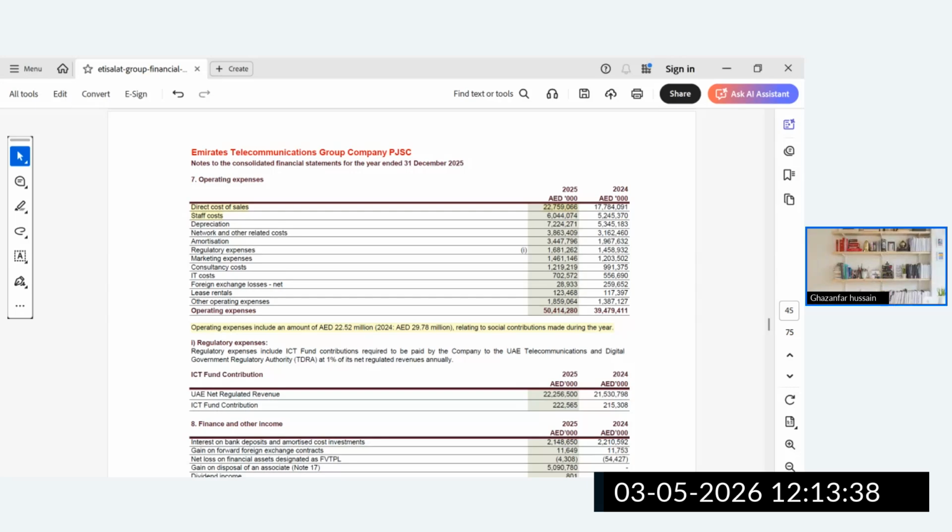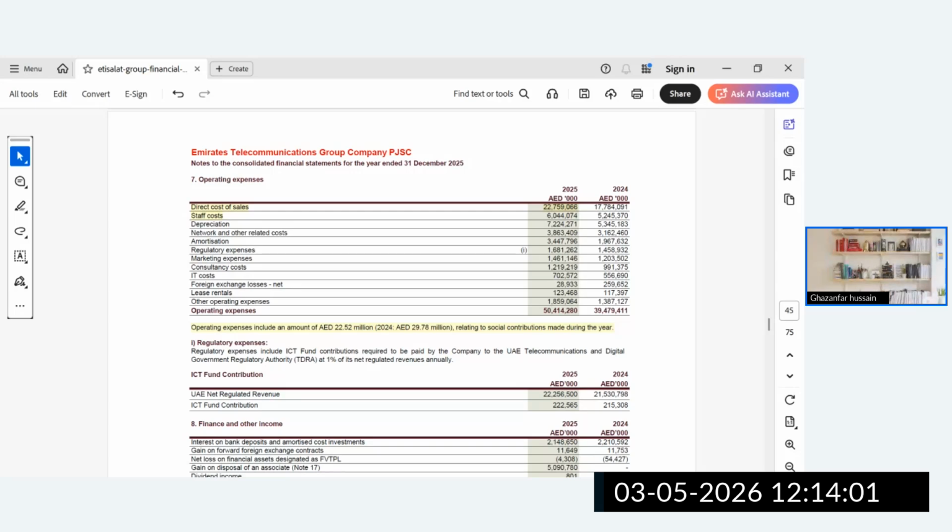I appreciate it if you quickly reply. Zishan said 10.6. From where did he take the 10.6 for depreciation? Zishan, can you explain how you calculated the 10.6? Because you may have multiple figures. Abdullah already mentioned 7.2 and 3.4.